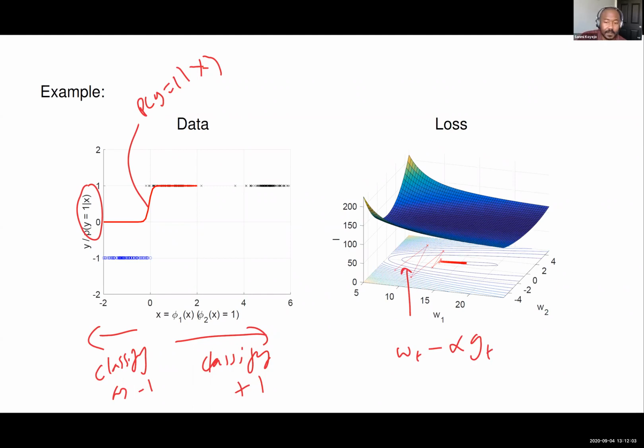This is the direction over steps. These are the iterates as we're solving gradient descent along the contour plot. Other questions? Okay, everything else seems fine. Any other questions so far?